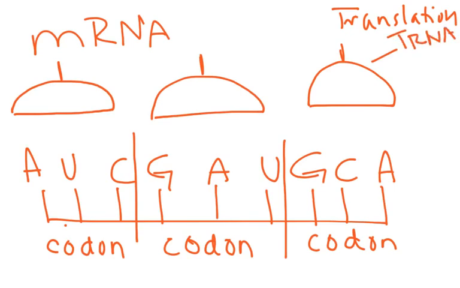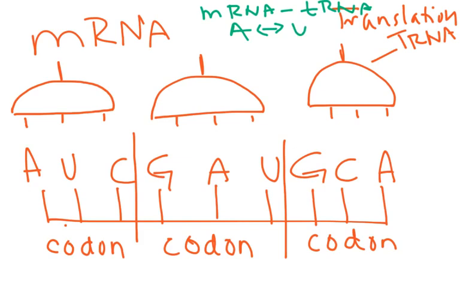They are also going to have 3 letters that go with the mRNA codons. These mRNA codons match up with the tRNA. When you're doing mRNA to tRNA, the base pairing rules are like this: A and U, and then G and C.